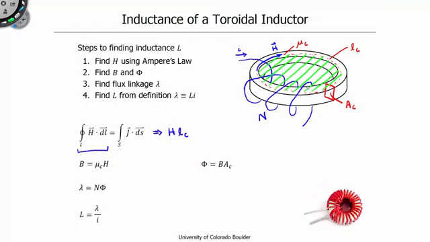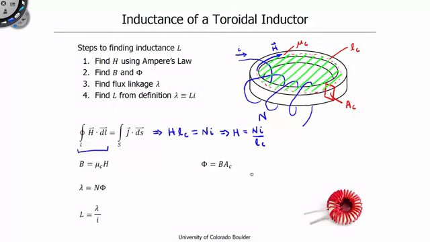The current density, if we integrate it over this, would simply be the total current that passes through the surface. Now we have current I passing through it each time the wire cuts through this surface, and therefore the total current that passes through the surface is simply going to equal N times I. And so from Ampere's law we simply get that H Lc is equal to N times I, or that H is simply equal to N I over Lc.